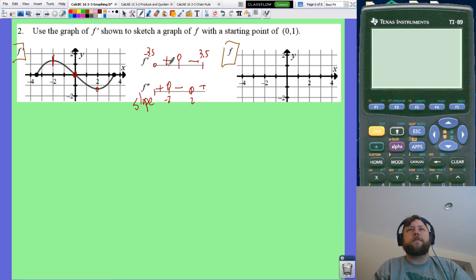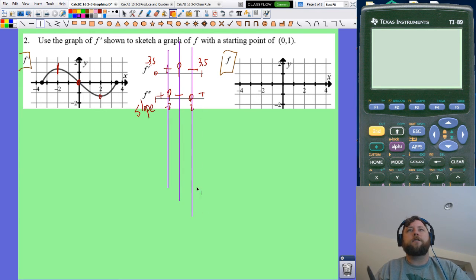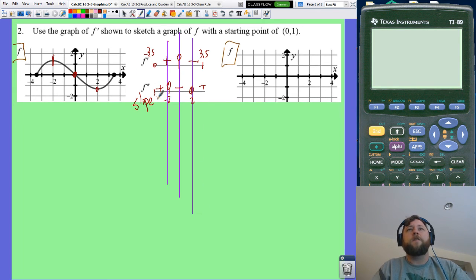Well, remember back from that chart, think of this like I'm having 4 different domains here, or 4 different areas I have to sketch. I'm going to kind of break them off like this. I hope you can roughly see this idea. So the first derivative is positive, and the second derivative is positive from negative 3.5 to negative 2.